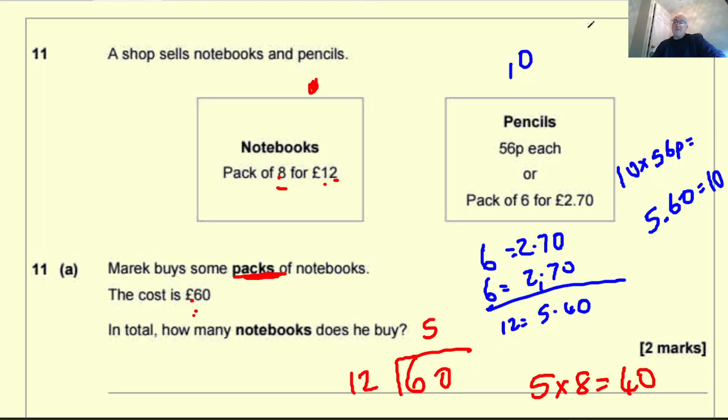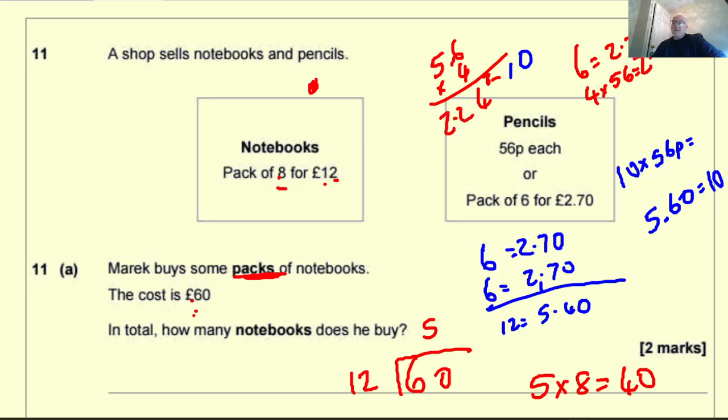Would it now be cheaper to buy 1 pack of 6 at £2.70 and then 4 lots of 56p? Well, 4 times 56 is £2.24. So again, I would just do that, making sure I'm showing my workings. 4 times that is £2.24.